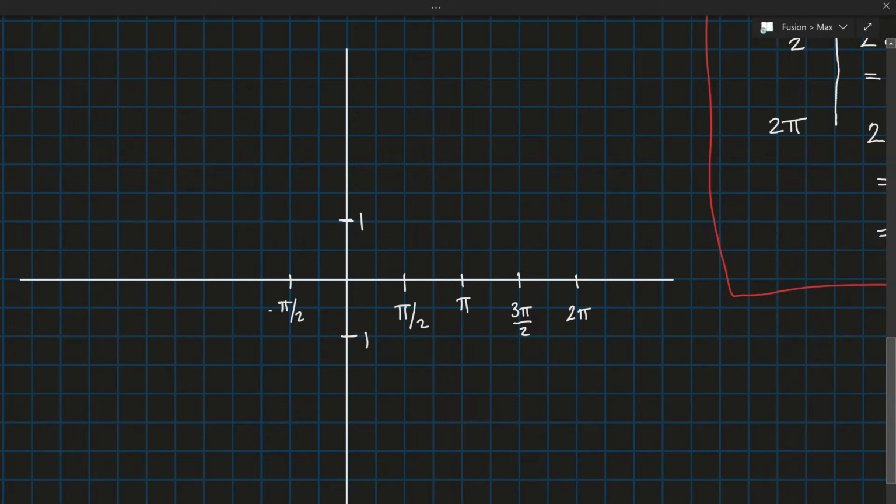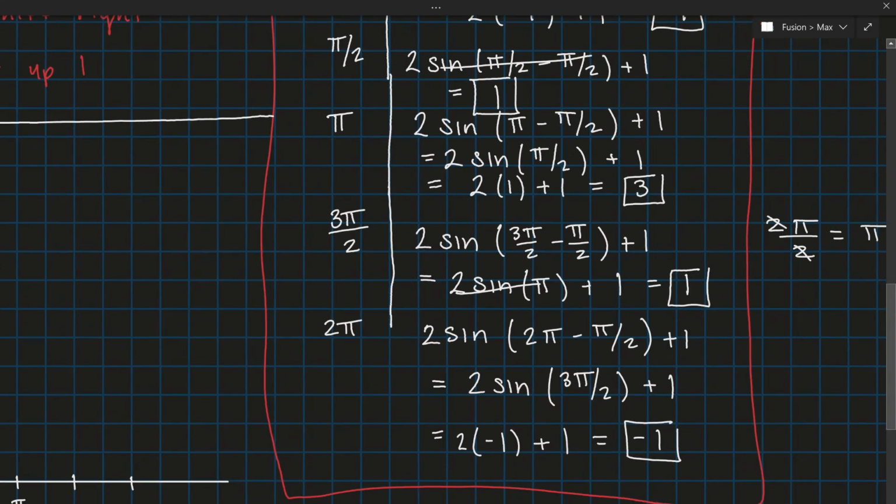Now, on your homework, by the way, you can use Desmos to check yourself. But like I said, I do want to see a table of values there. But one thing Desmos might be helpful with is, I picked going up every pi over 2.